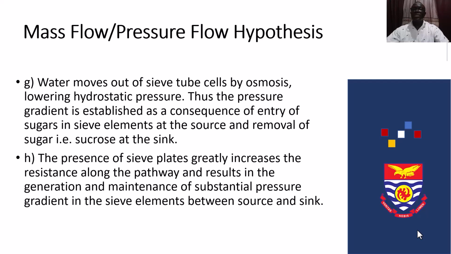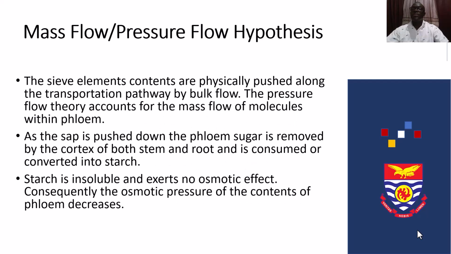The presence of sieve plates greatly increases the resistance along the pathway and results in the generation and maintenance of a substantial pressure gradient in the sieve elements between source and sink.